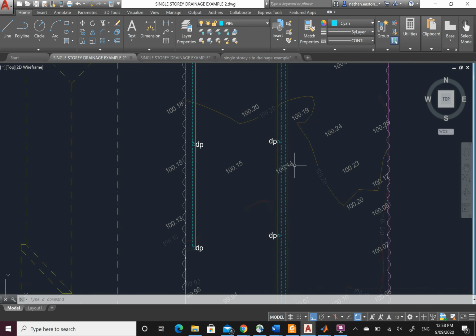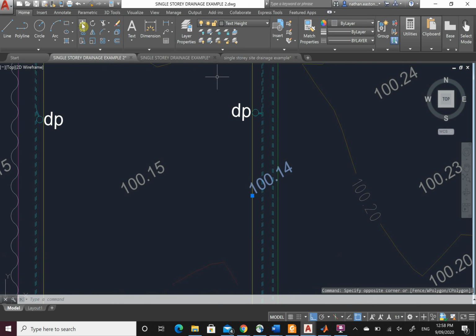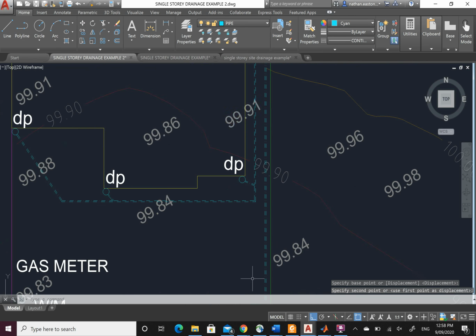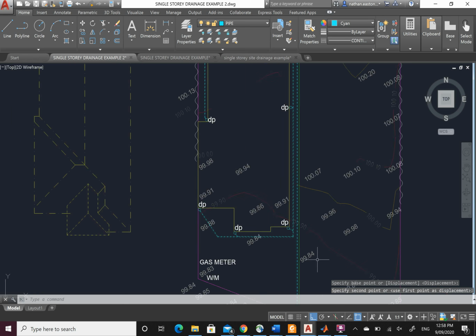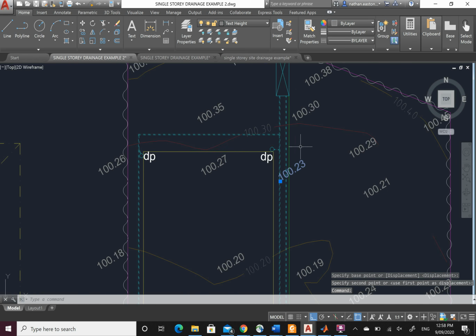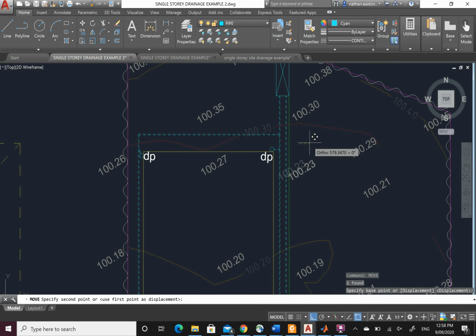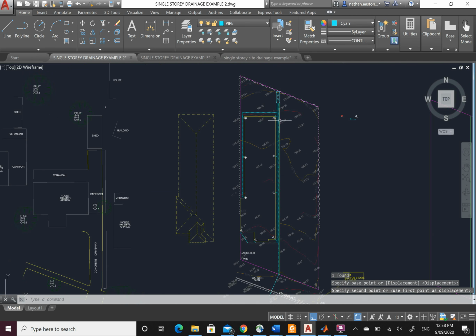I have to put some in the middle as well. So let's move these numbers in a bit. Okay, so that's cleared the path there.